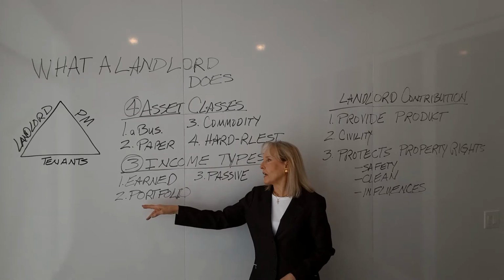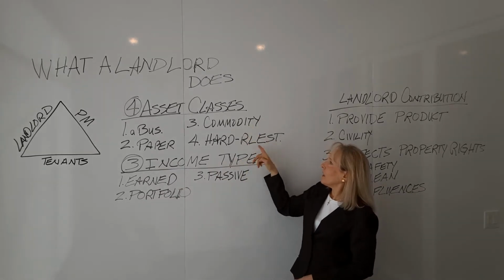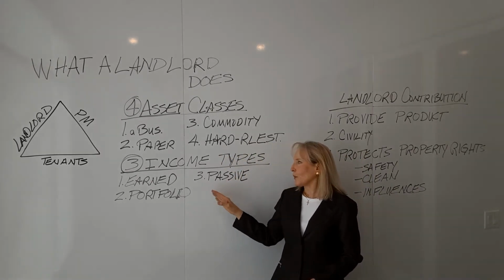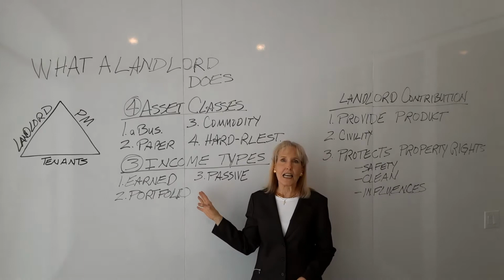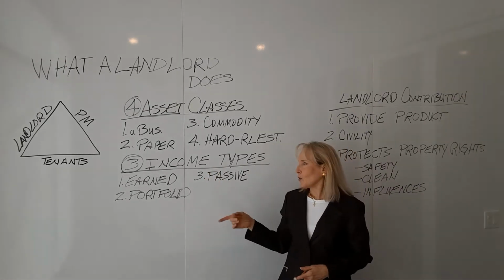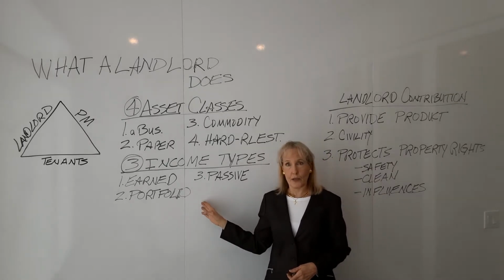Next, the other type of income is portfolio income. Now, a real estate asset class is not portfolio income per se, unless a landlord investor is fixing and flipping. Another word for portfolio income is capital gains.